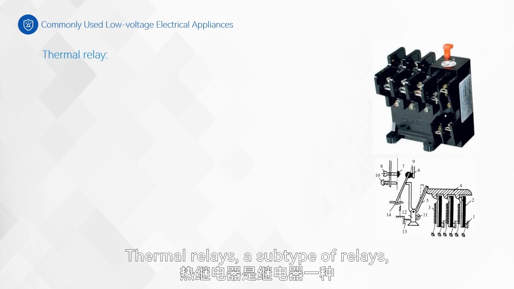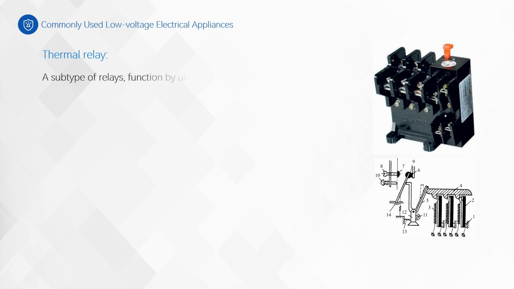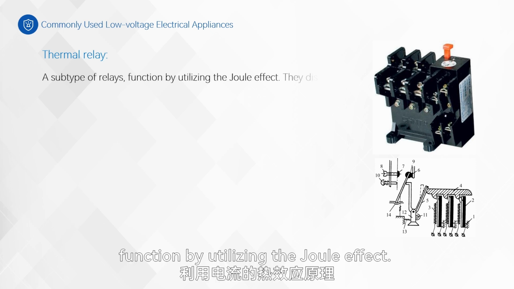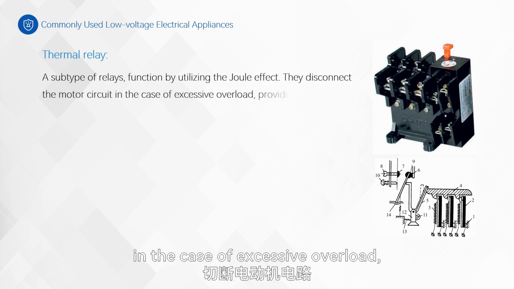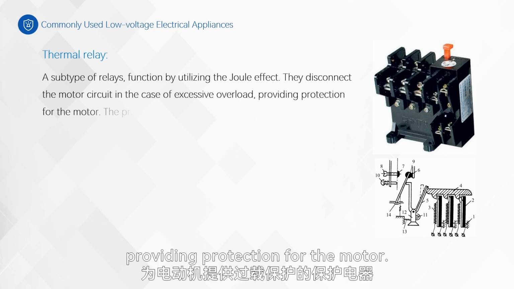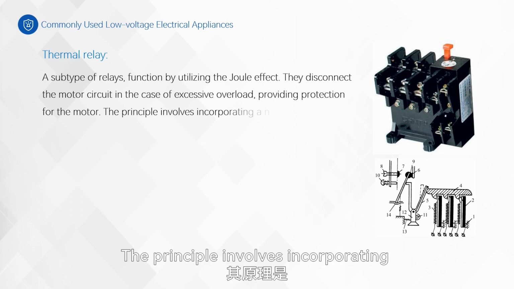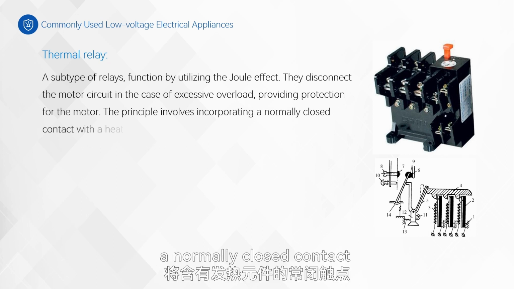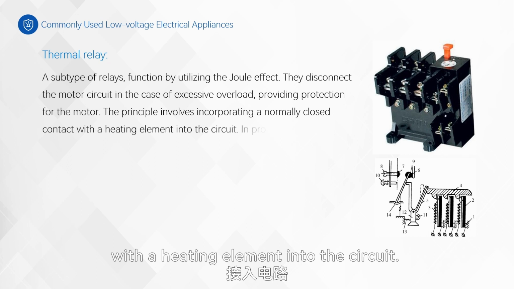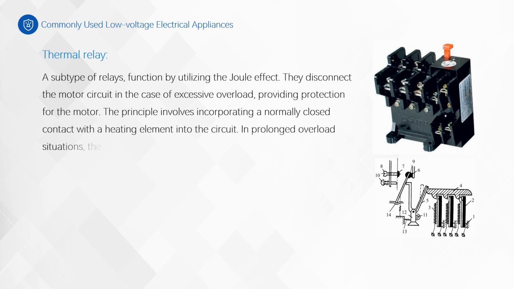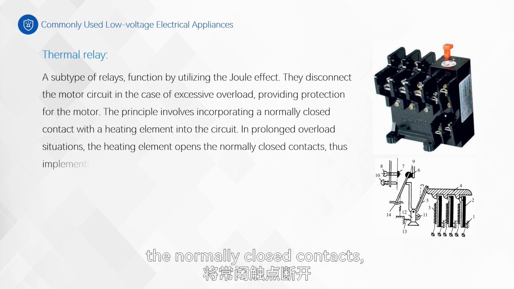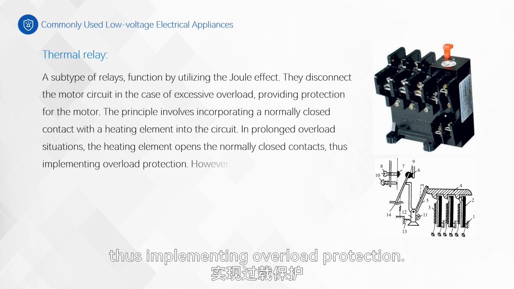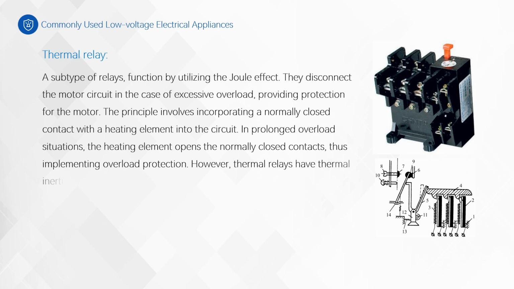Thermal relays, a subtype of relays, function by utilizing the Joule effect. They disconnect the motor circuit in the case of excessive overload, providing protection for the motor. The principle involves incorporating a normally closed contact with a heating element into the circuit. In prolonged overload situations, the heating element opens the normally closed contacts, thus implementing overload protection.